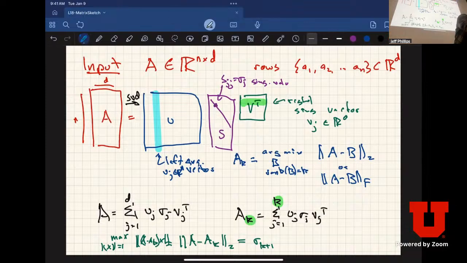Okay, it's a little bit smaller so you can read it. So I've taken this A minus Ak matrix here to get the 2 norm, and I've taken the max over all unit vectors. I've multiplied it by this term, and I'm getting the maximum norm.